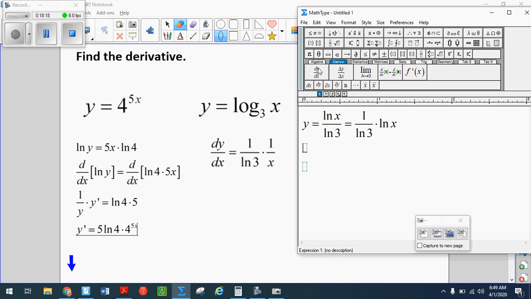So if you took the derivative, dy dx would equal 1 over x times the constant that's there, and then times the derivative of x, which is just 1, so 1 over natural log 3. Because that's just a constant in front. So for that one, it is what it is.